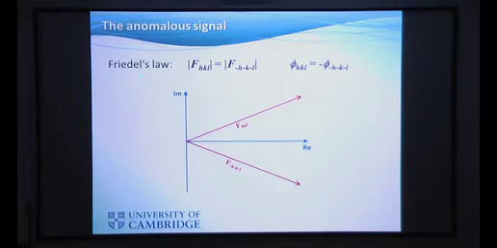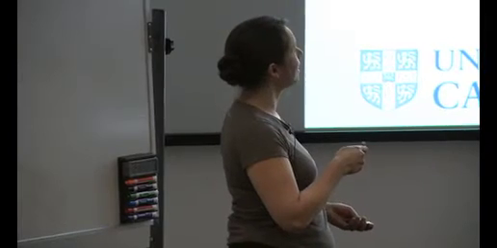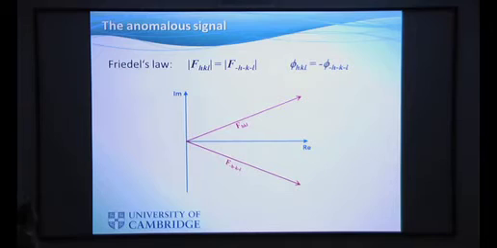There's Friedel's law, and the first crystallographers believed that Friedel's law was strictly true. Friedel's law says that two reflections that are centrosymmetric to each other in reciprocal space are so-called Friedel mates, and their amplitude will be the same.